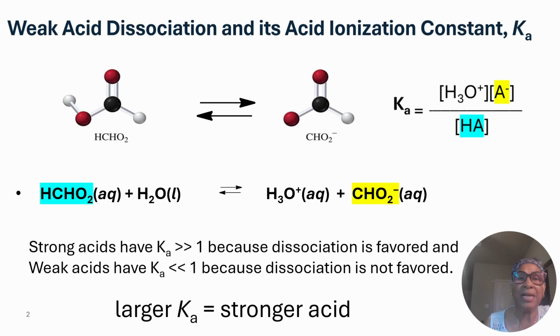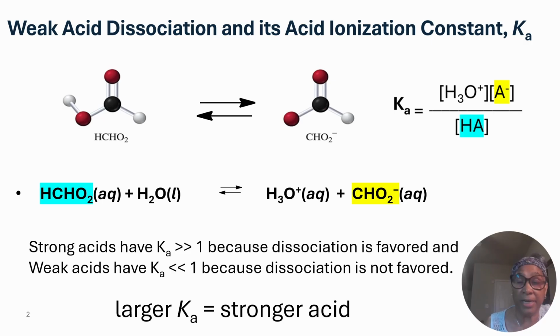As discussed in a previous video, in acid-base reactions, equilibria favors proton transfer from a stronger acid to the stronger base to form the weaker acid and weaker base. Commonly, acid or base strength is measured by determining the equilibrium constant of a substance reaction with water.